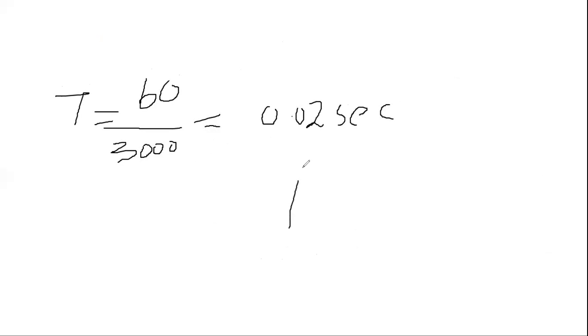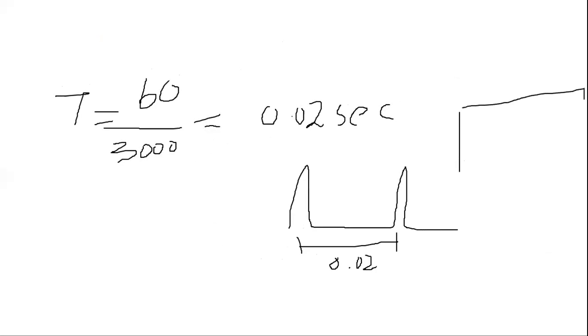That means one pulse to another pulse. Okay, the duration from center to center, we get 0.02 seconds. Okay, on the screen, we don't want to have like 100. We don't want 100.